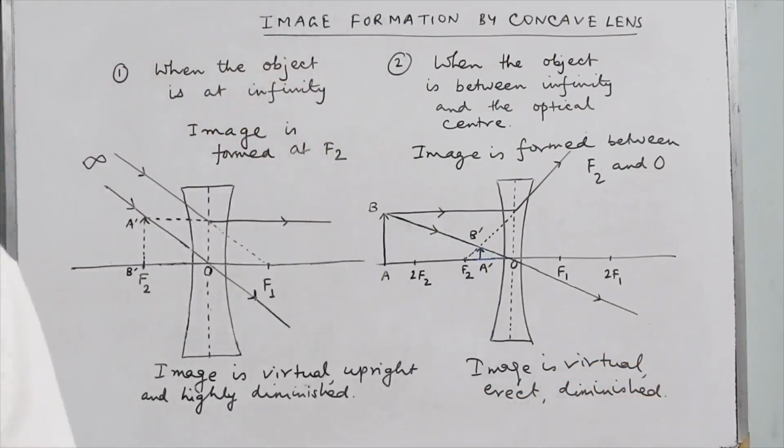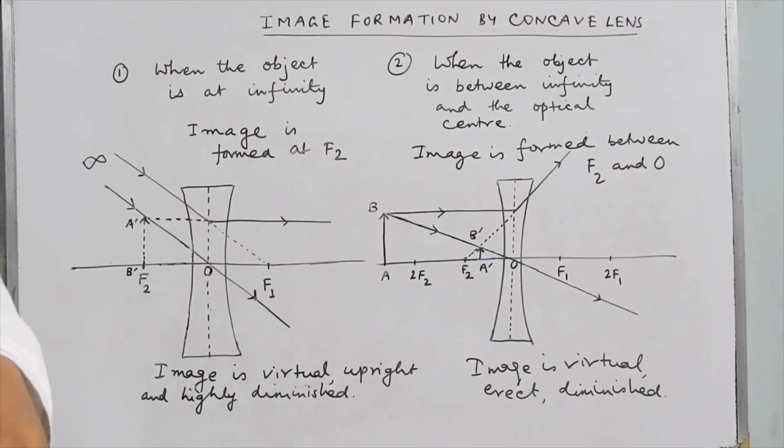So with respect to a convex lens that I have already discussed, you can conclude from all the ray diagrams that if the object comes closer to the lens, the image moves farther away from the lens. When the object is very far from the convex lens, the image is formed at the focus.